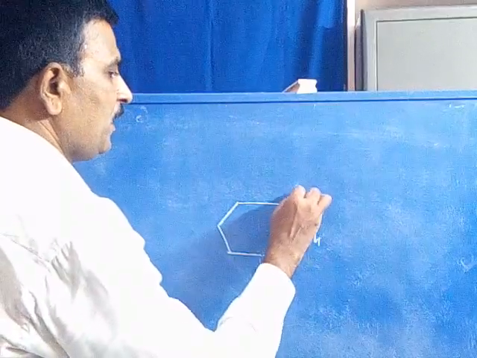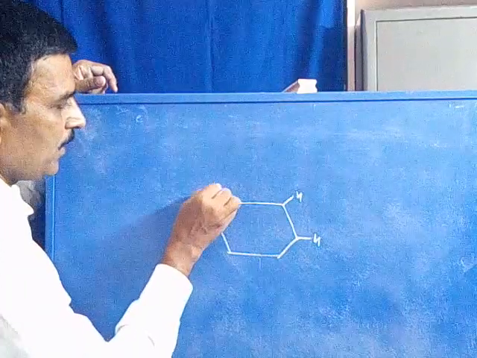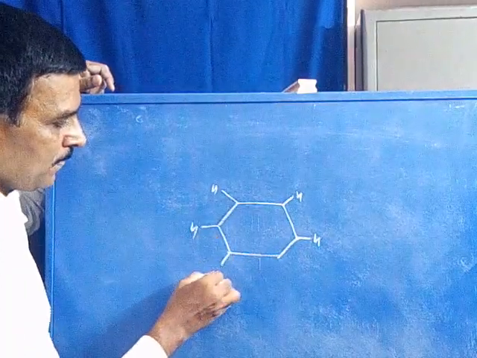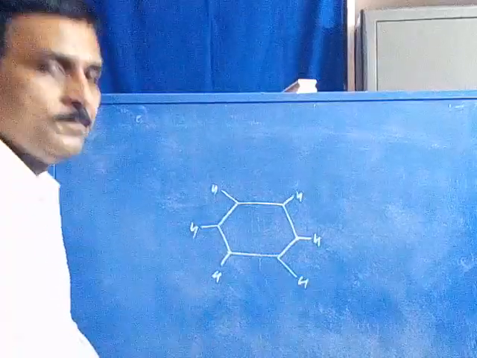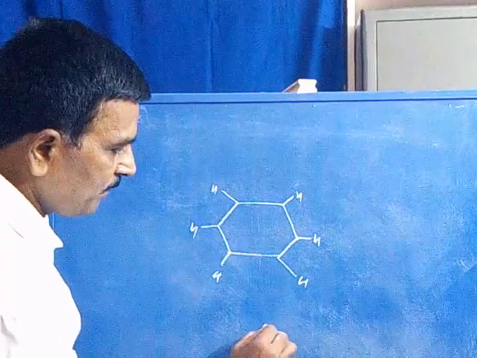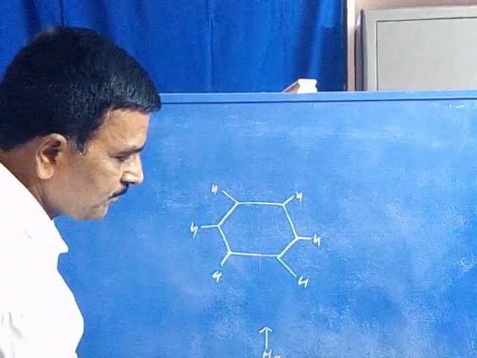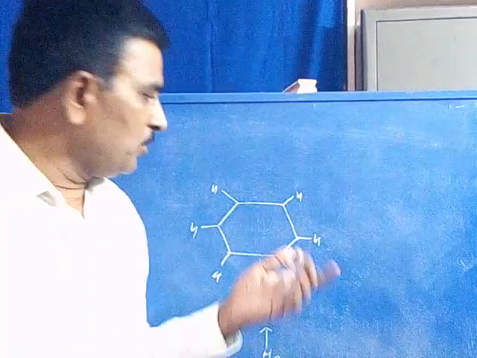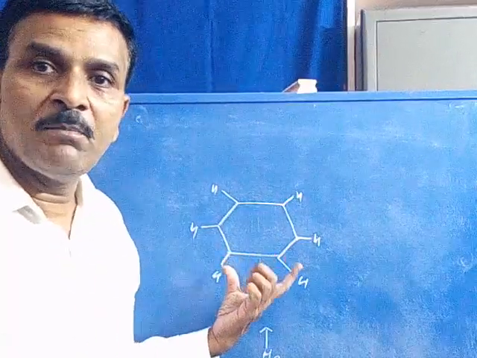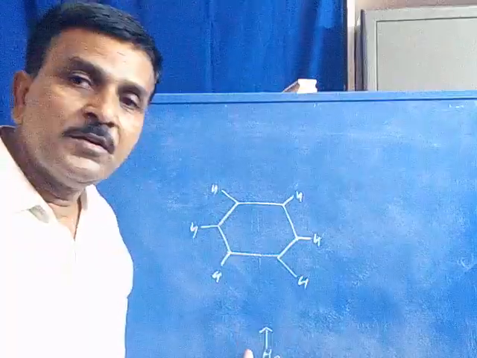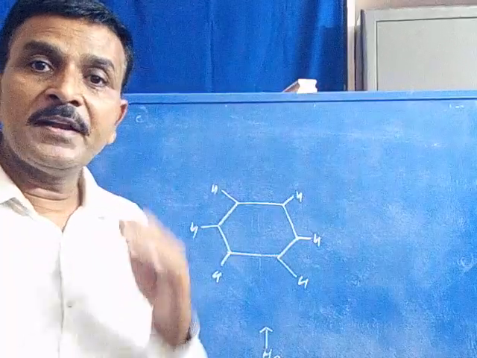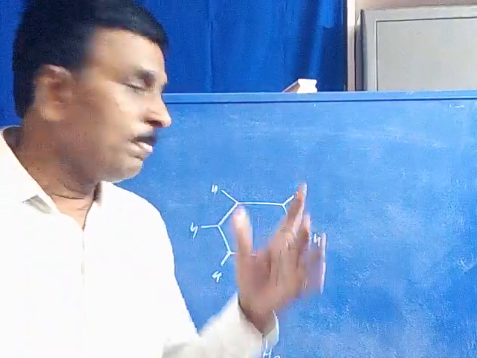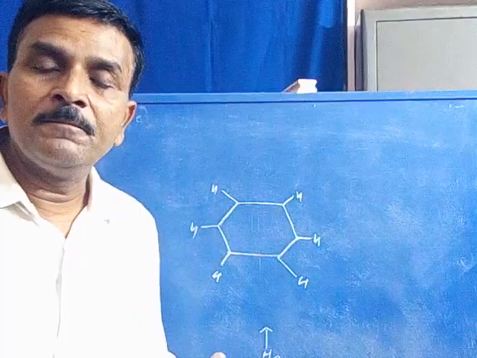One hydrogen here, one hydrogen here, hydrogen, hydrogen, hydrogen and hydrogen. This is the external magnetic field. So benzene is a planar molecule. Hence, when we apply an external magnetic field to benzene, it is oriented in plane.